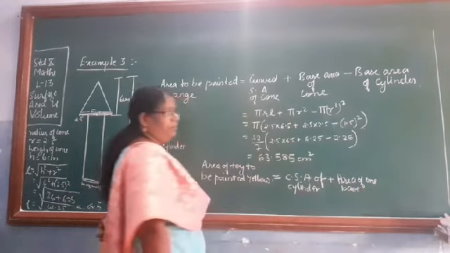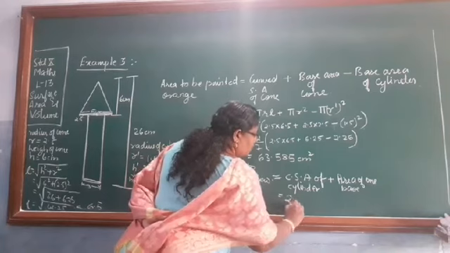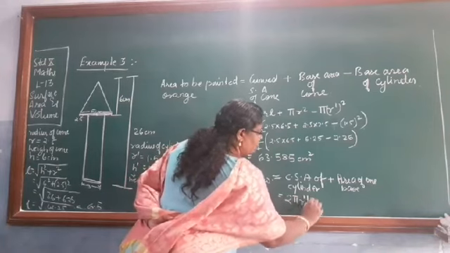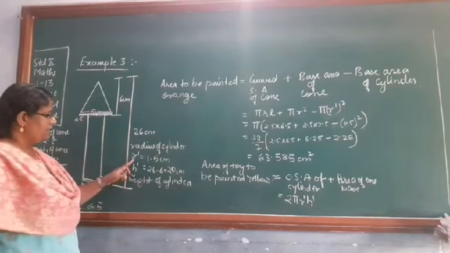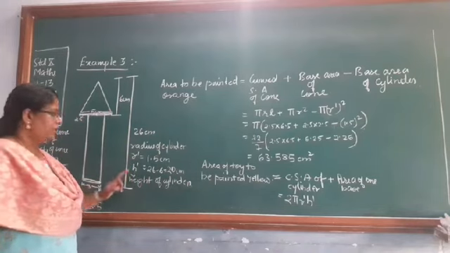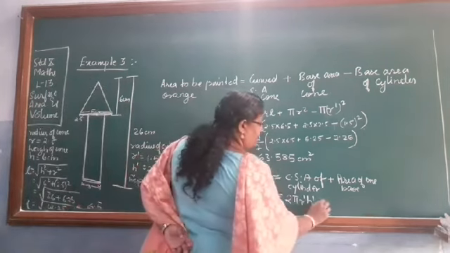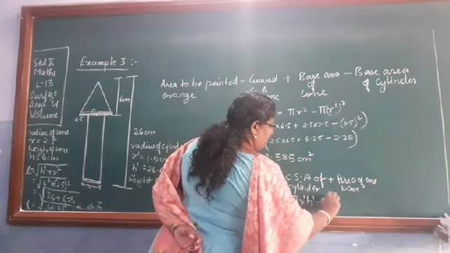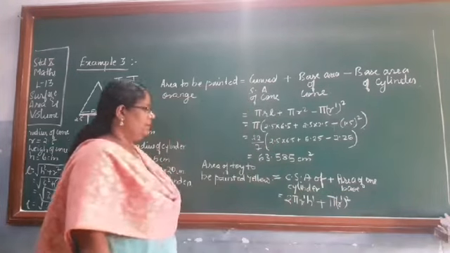What is the CSA of the cylinder? It is 2 pi r dash h dash, because for the cylinder we have taken the radius as r dash and the height as h dash, plus the area of one base, that is pi r dash square.